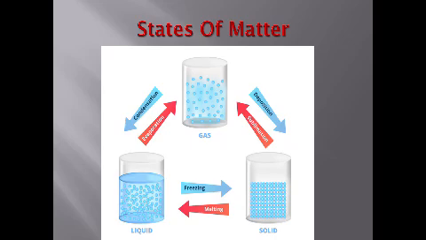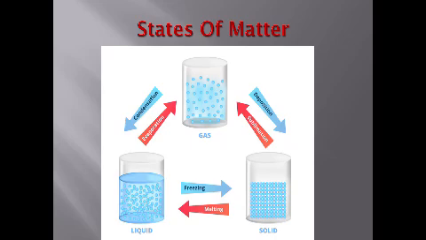Similarly, liquid to gas. If we are studying the conversion of liquid to gas, when liquid particles change into gas, this process is known as evaporation. If we start boiling any water-type object, it starts changing into the form of gas, and this process is known as evaporation.